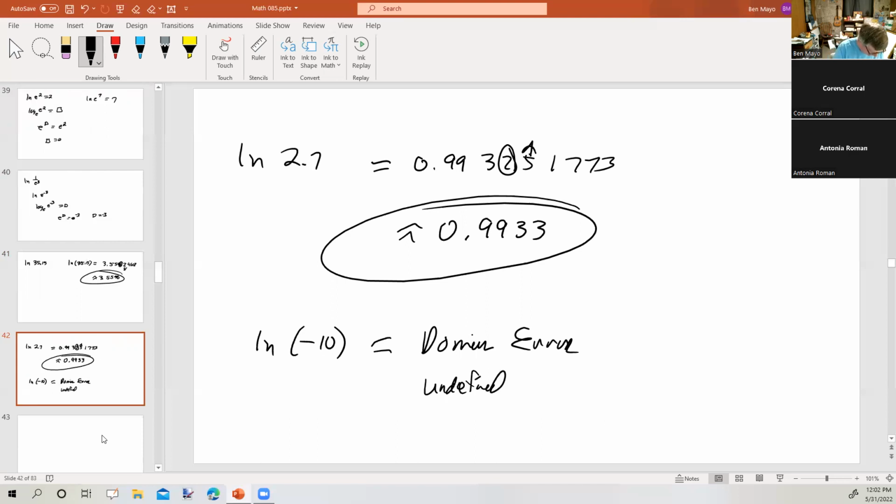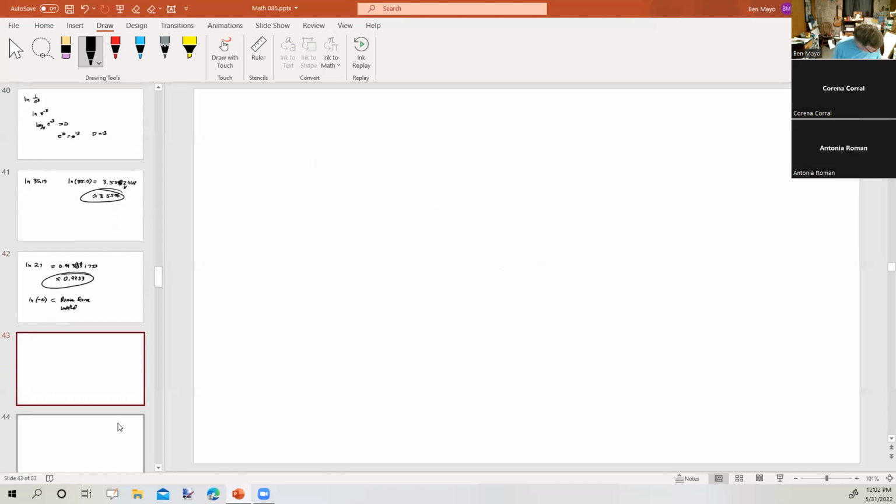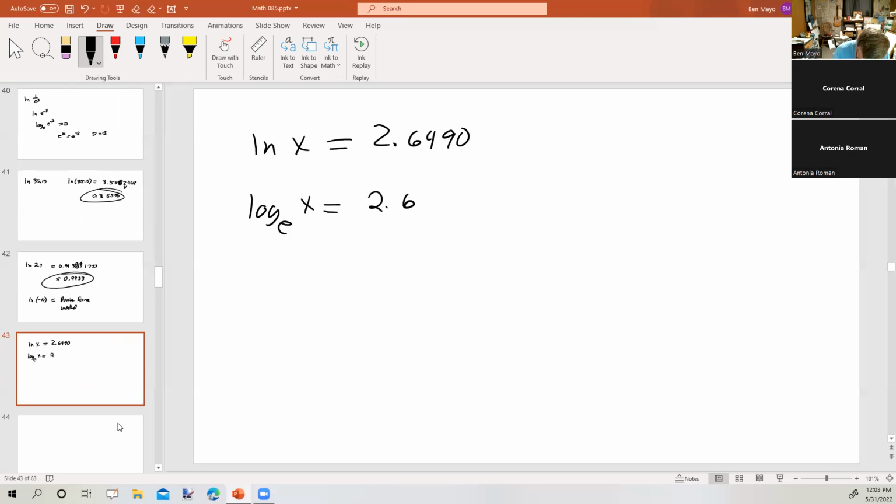Okay, now we're going to use our calculator to solve the following equations. The natural log of x equals 2.6490. So basically, this is the same thing as log base e of x equals 2.6490, right? Because ln is log base e. But now we could take this logarithmic equation and rewrite it as an exponential equation, e to the 2.6490 power equals x.